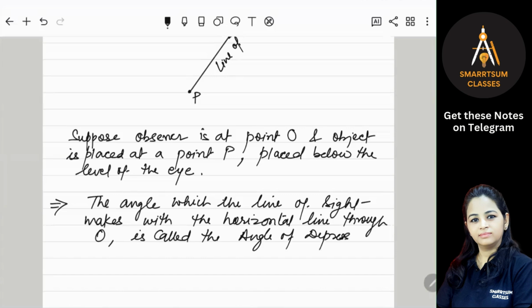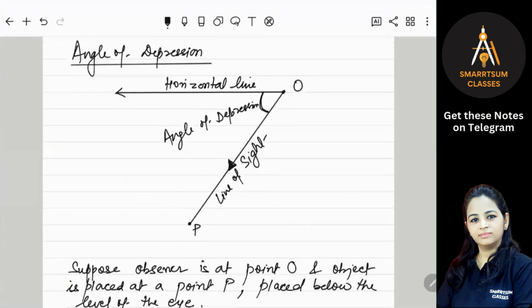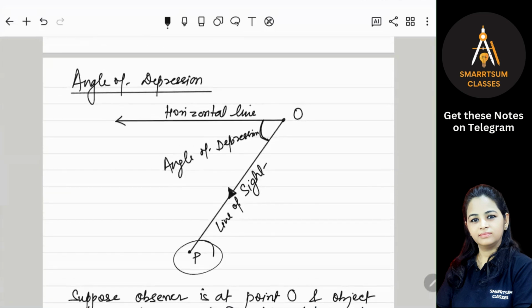So this angle is called the angle of depression of P as seen from O. So why is it the angle of depression? Because this object is placed below the level of the eye of the observer. So that's the reason the angle which is formed in between the line of sight and the horizontal line will be called the angle of depression.